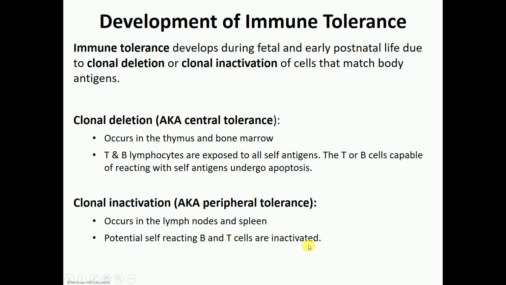Obviously, this is not a perfect process because we still develop autoimmune diseases. An autoimmune disease is the failure of central and peripheral tolerance from developing. Now our B and T cells look at our class 1 MHCs and think of them as invaders and start attacking these cells.